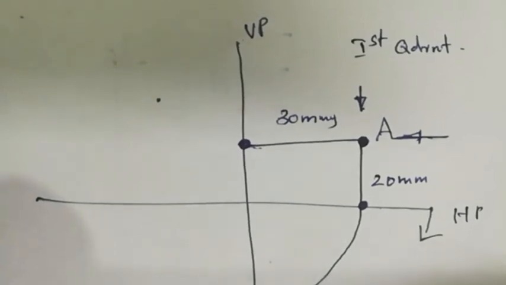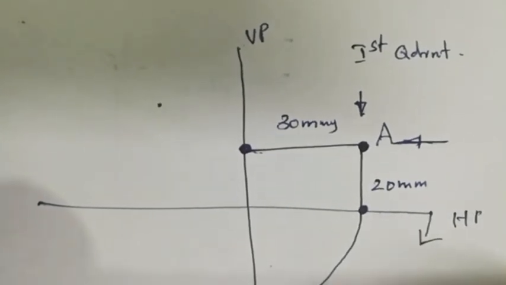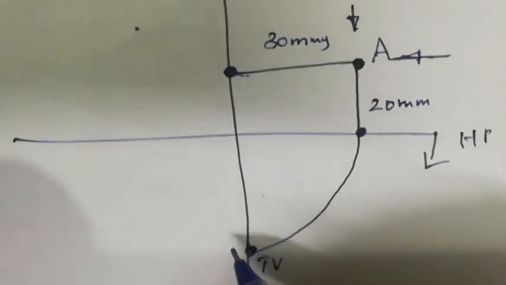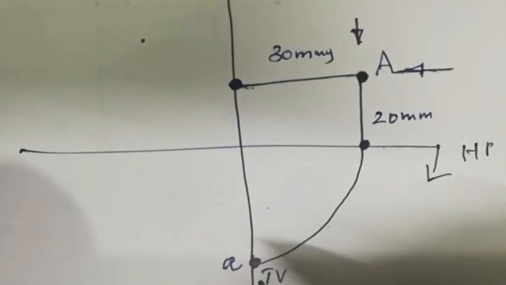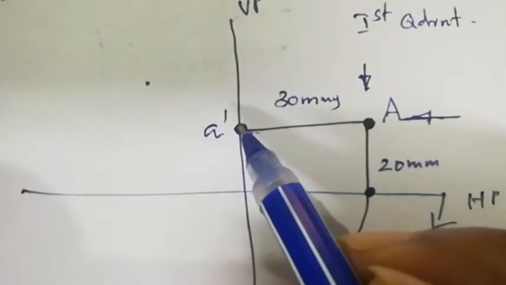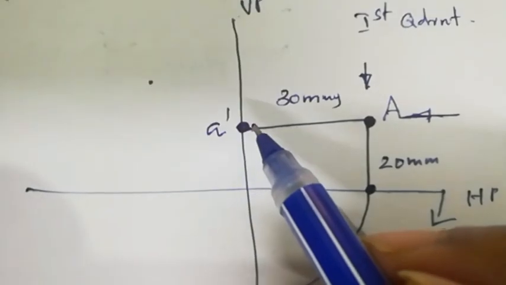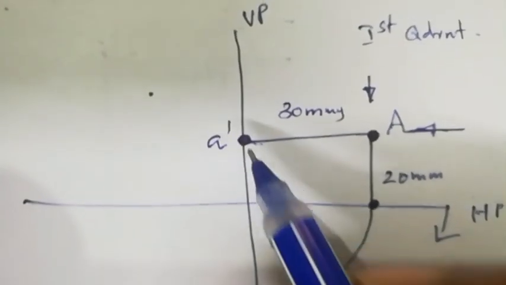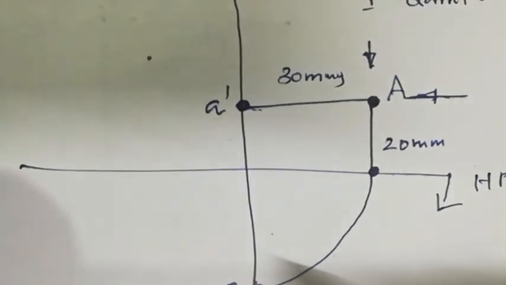So this is the top view. The top view is always designated using a small letter a, and the front view is designated as a small letter a with a prime, a dash. A dash is the front view and a is the top view.